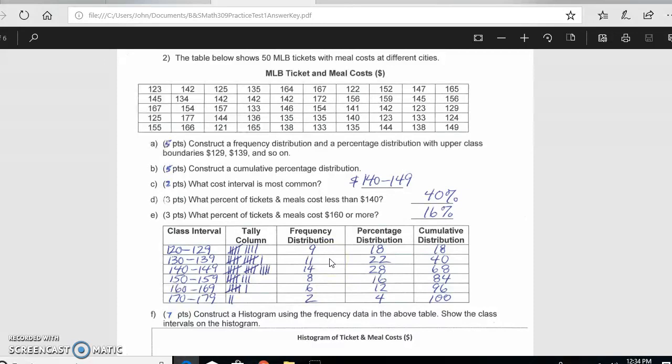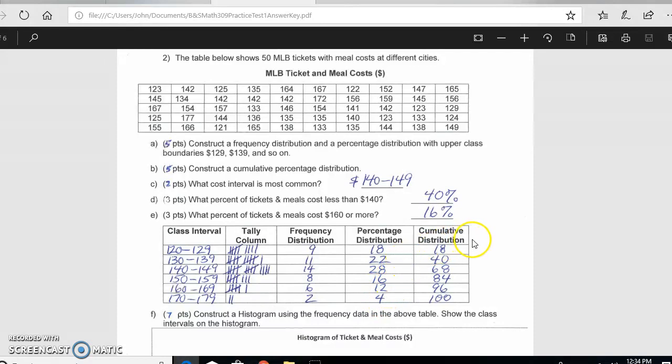Then we do the same thing for the next class interval. We had 11. 11 divided by 50 times 100 means 22% fall into the class interval 130 to 139, and so on. We work down through this column and convert the frequencies into percentages, and this is what you should get.